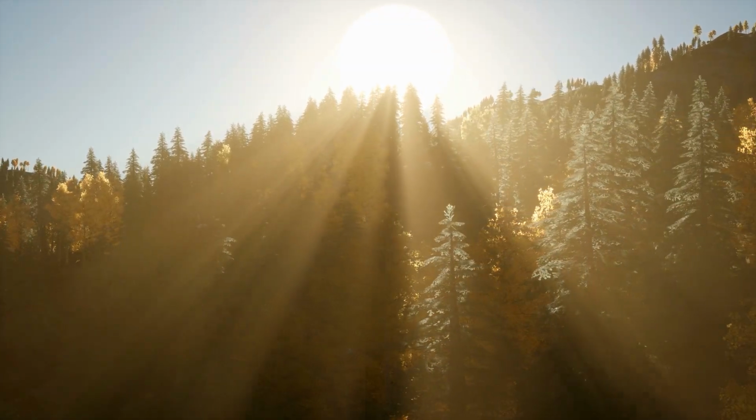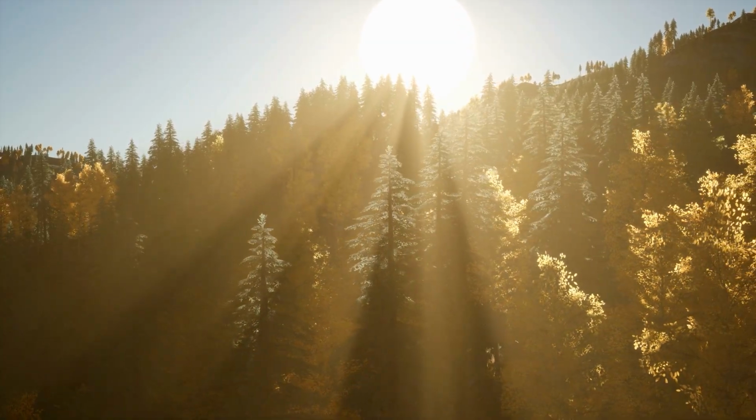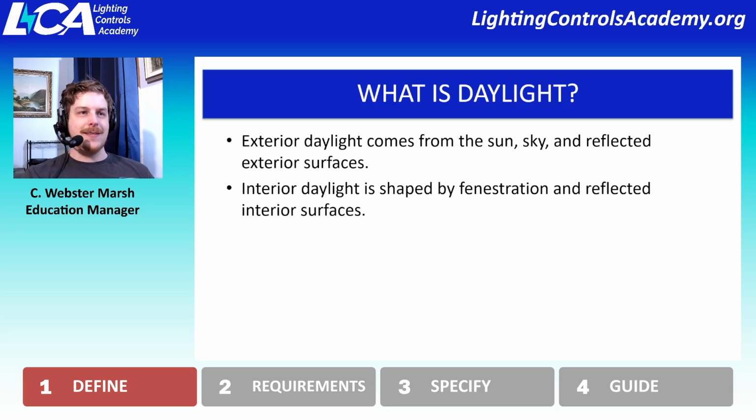So if you don't have a direct line of sight to the sun through your window, but maybe you have a building that the light is going to reflect off of and come into the space, that is also considered daylight, or just the general sky glow of the exterior space. Whatever the natural form of light that has nothing to do with electricity that is coming in during the day, that's essentially what daylight is.